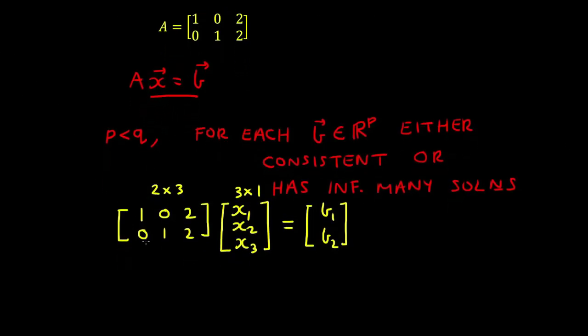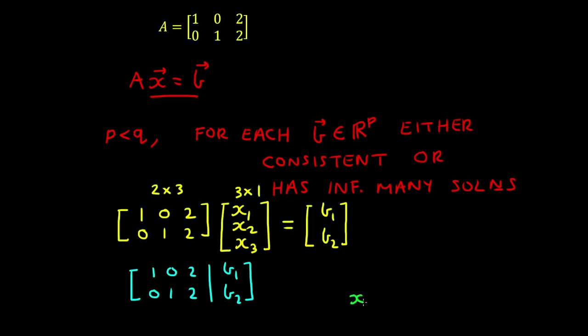So now let's augment this matrix with vector b. So here we can see that the matrix is already in reduced row echelon form. So therefore we can't reduce it further.